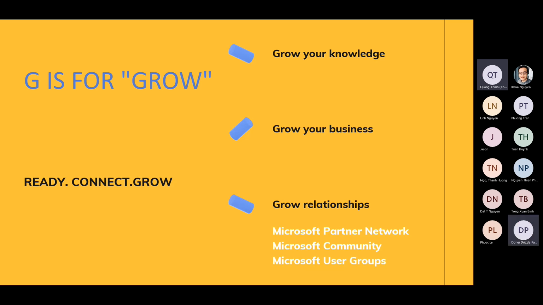And lastly, this is very important, we grow our relationship. We maximize our partner network, you join the Microsoft community, and you also connect to the different Microsoft user groups. So remember, get ready, be connected, and grow.